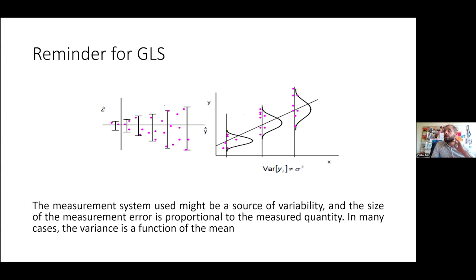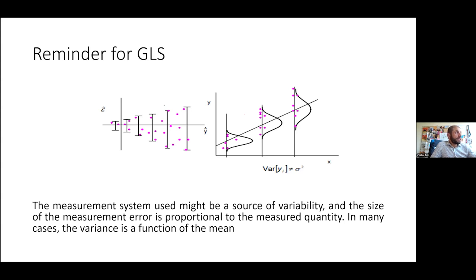So that's why what we will try to resolve in the random effects model is more or less as if I'm resolving the problem of heteroscedasticity when I run the generalized least squares. Okay? So here we can see on this graph that the size of the measurement error is proportional to the variable or to the observation I focus on.